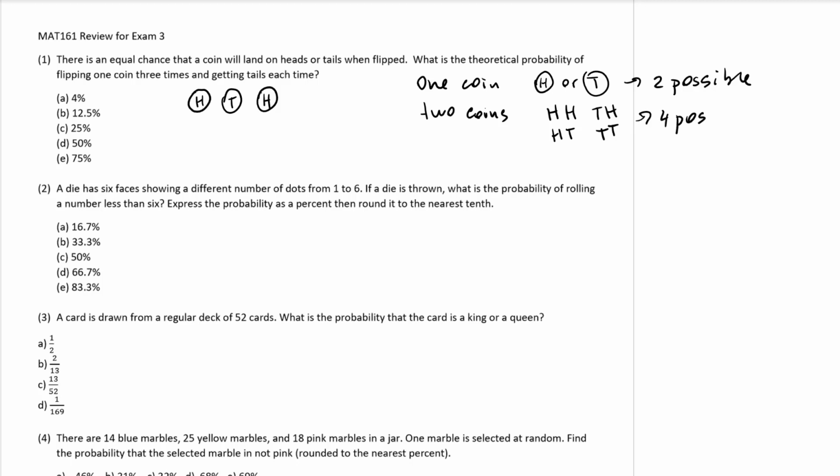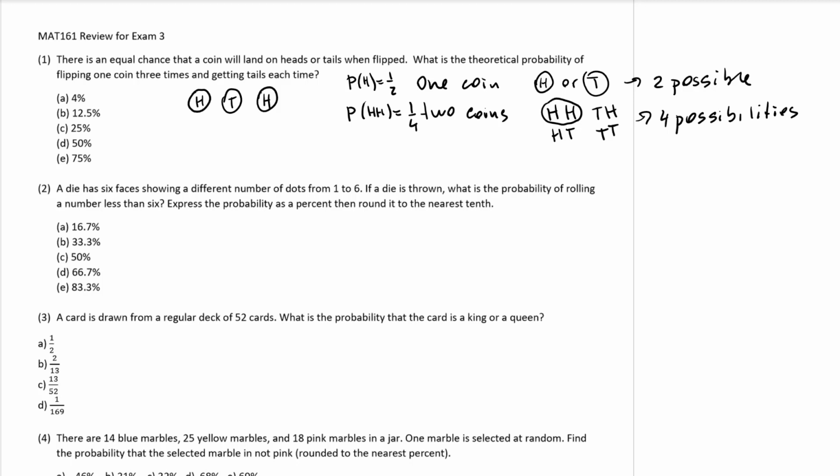And then we can write the theoretical probability by doing the number of successes divided by the total number of outcomes. For instance, in this case, the probability that you're going to have 2 heads is 1 out of 4. Here the probability of 1 head is 1/2. Probability of 2 heads is going to be 1 out of 4, right? There's 1 chance out of 4 equally likely possibilities.